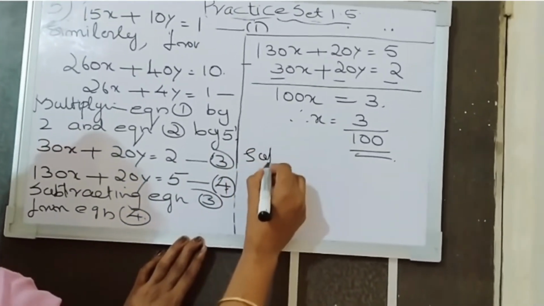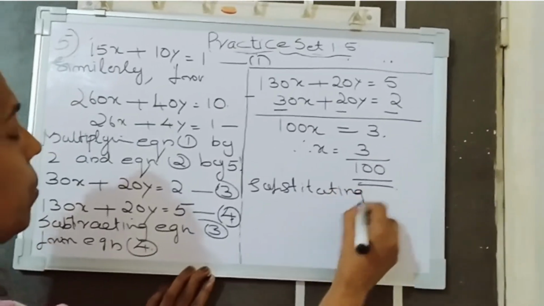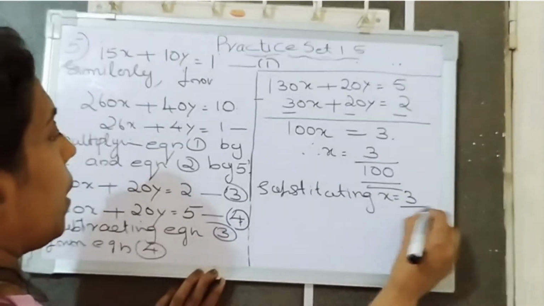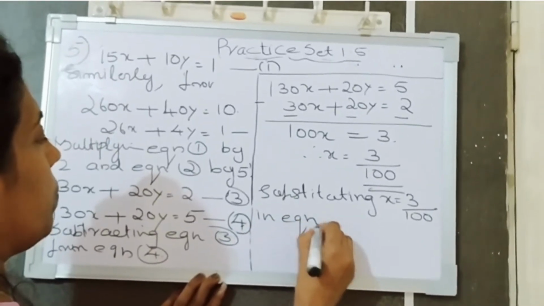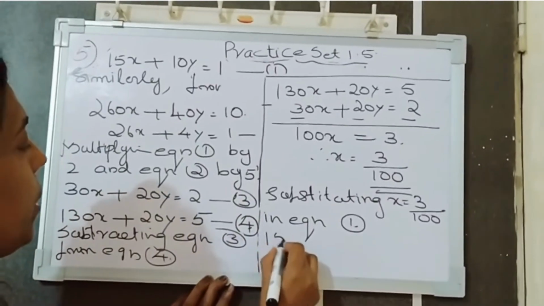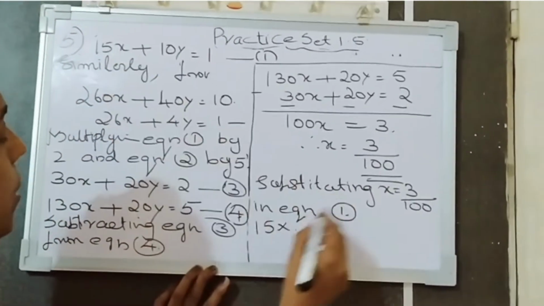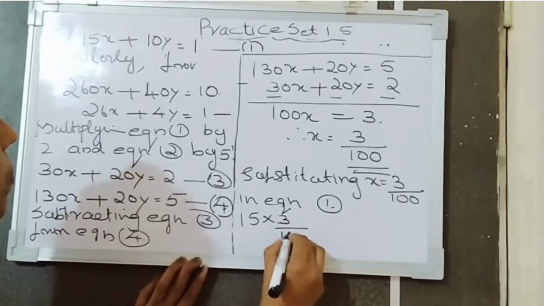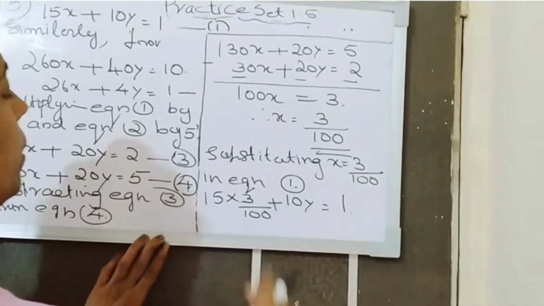Then substituting x is equal to 3 upon 100 in equation 1. Therefore equation 1: 15 into x, that is 3 upon 100, plus 10y equal to 1.